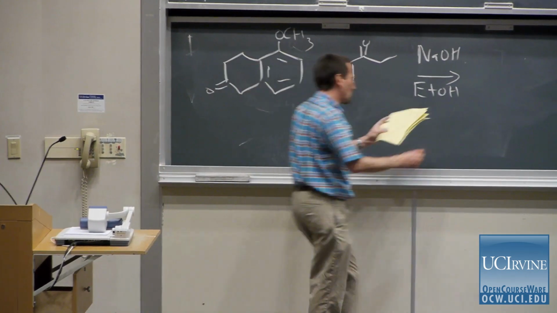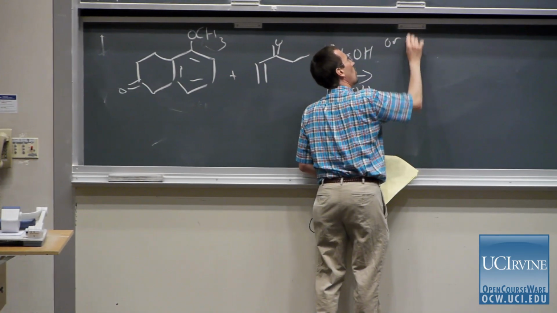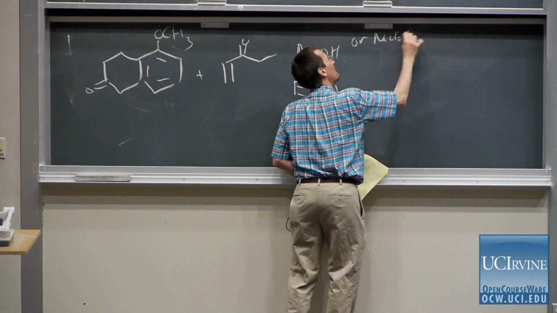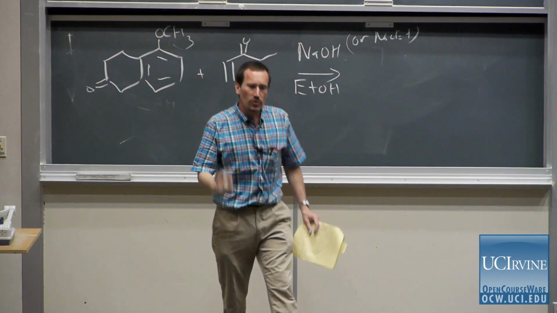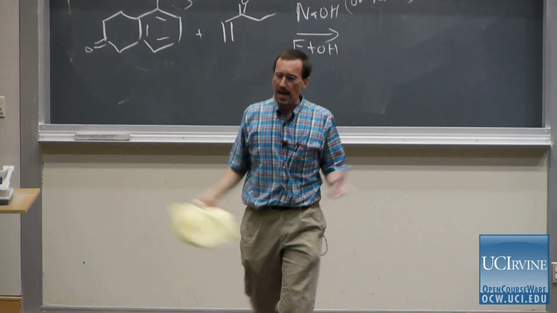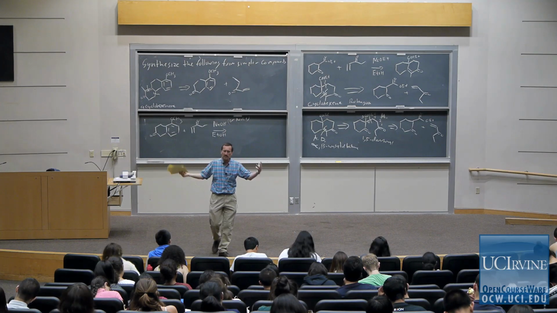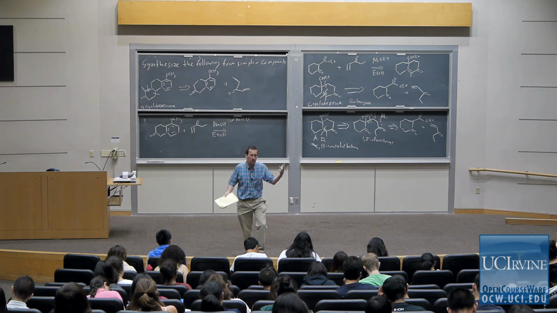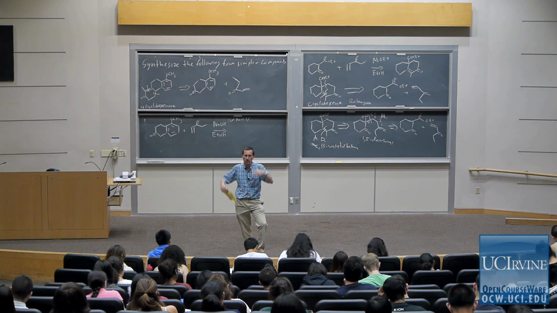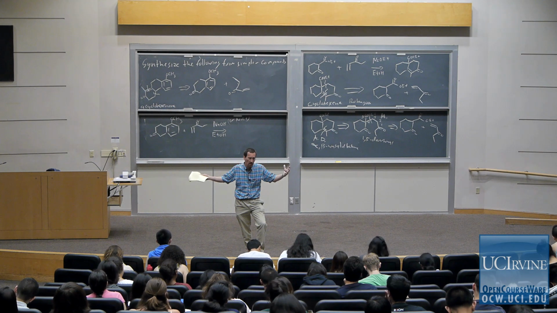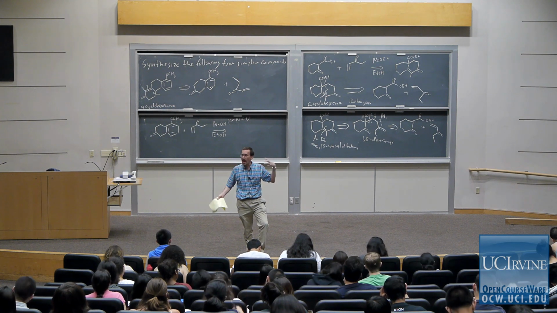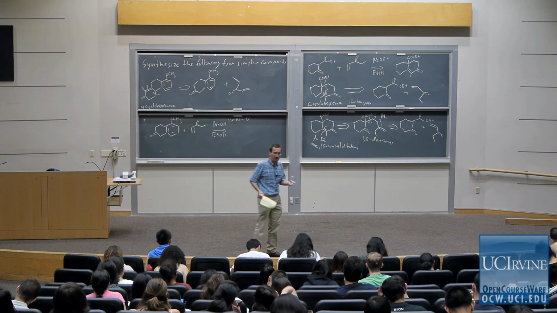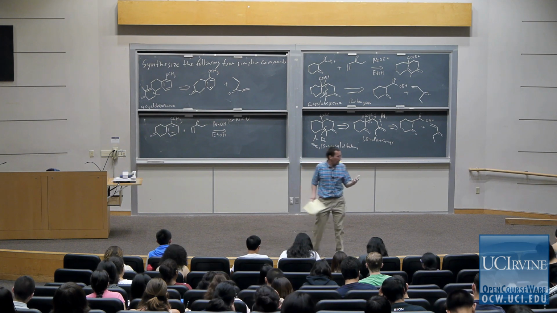If that bugs you, just in your own mind, I'm going to write NaOEt over here. It's not going to matter. The reason they used ethanol is organic compounds with lots and lots of carbon and lots of grease generally don't dissolve in pure water unless they're very small. And so it's generally good to have an organic solvent, and ethanol is a good solvent for organic compounds.